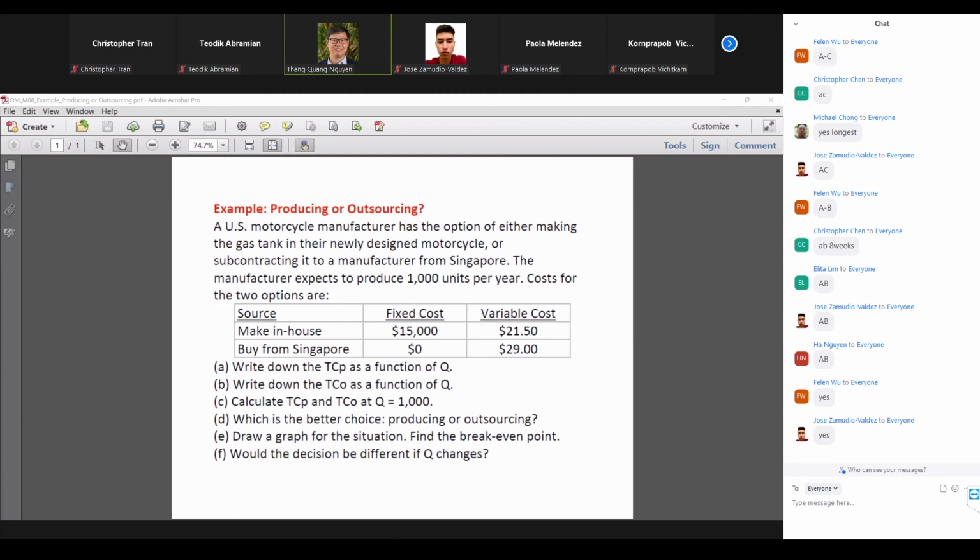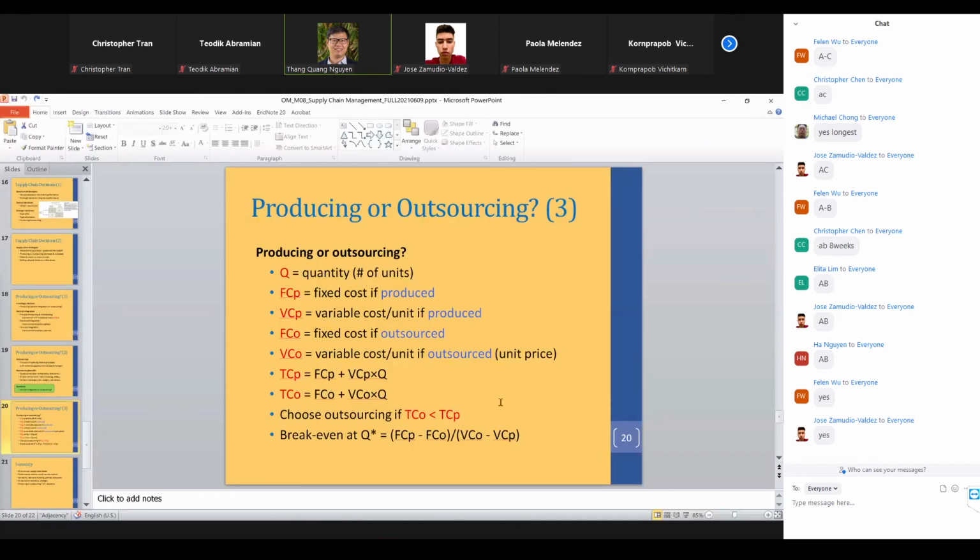Let me point you to one slide in the PowerPoint where we have the equation. Slide 20 in the PowerPoint. Okay, so we know the quantity that we need to sell. We know the fixed cost of production. We know the variable cost of production.